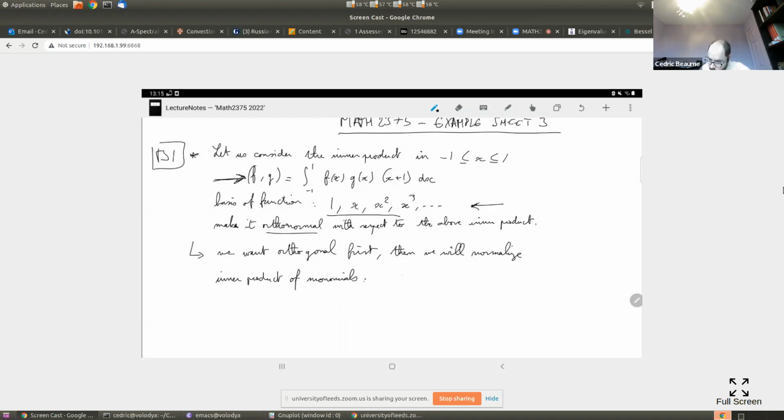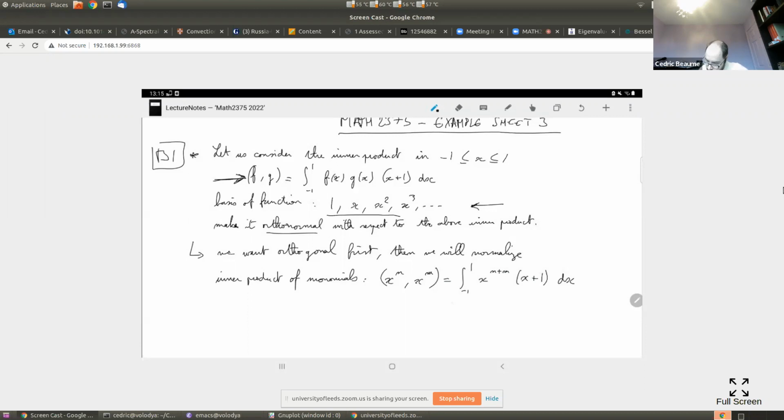What we get is we're writing down x to a certain power n times x to a certain power m, between parentheses. So we're really doing that inner product, right? If I replace these in my integral, I get x to the n plus m times (x plus 1) dx.